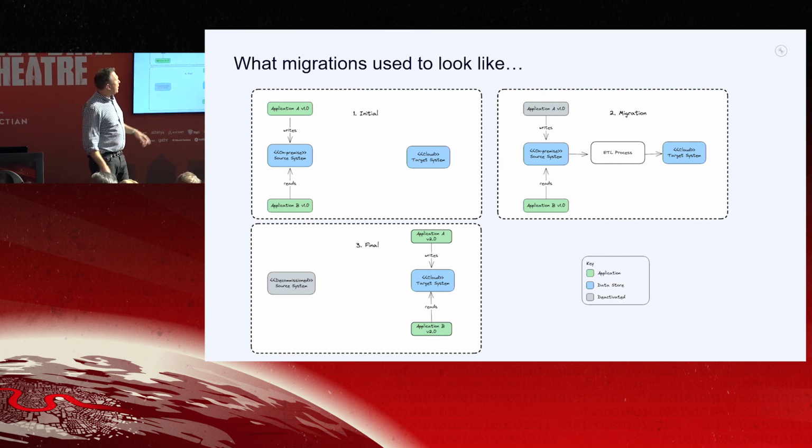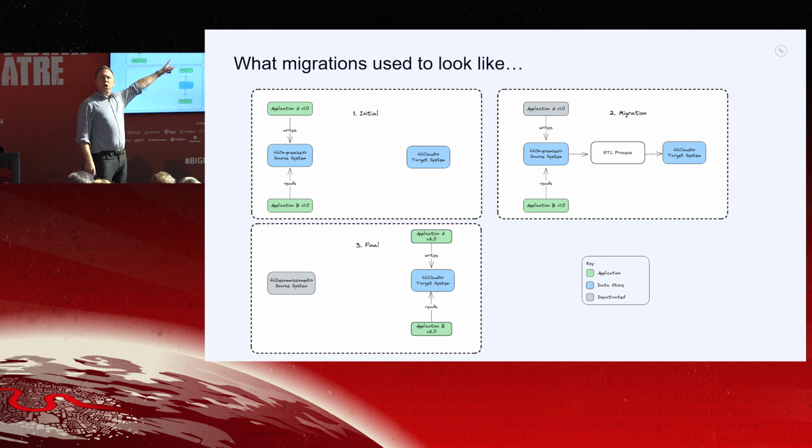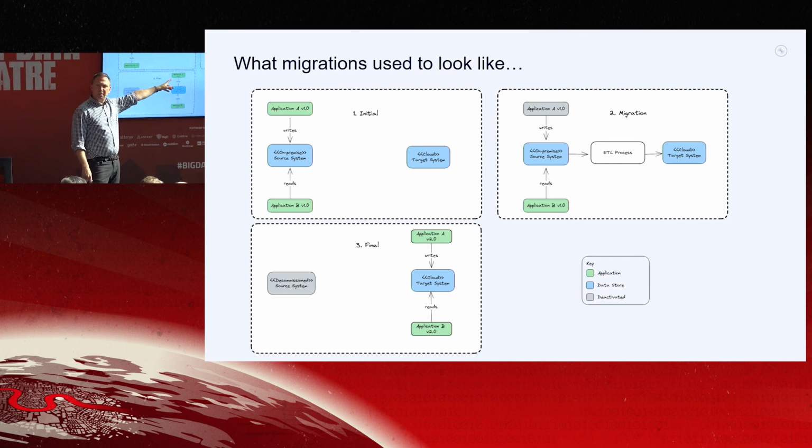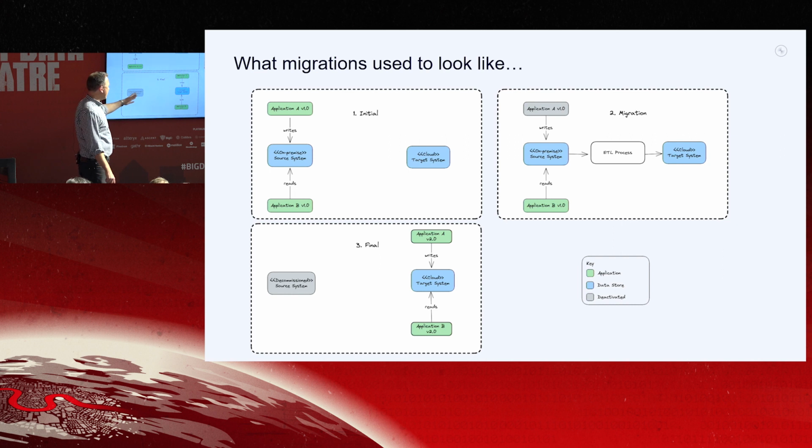A typical migration used to involve turning off the writing system, spinning up some type of ETL process to extract the data, transform it, and then load it into the target system. And then you would move the applications across, usually with some sort of rewrite, because you have different technologies involved with different APIs and different ways of accessing that data, and decommission the source system.